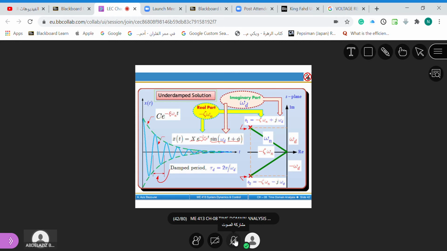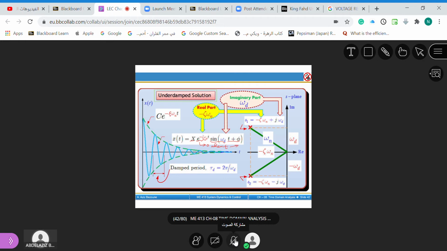This is the envelope, the green dotted line here, that is decaying as time goes to infinity. This term, exponential minus zeta omega n t, tends to zero when t tends to infinity.